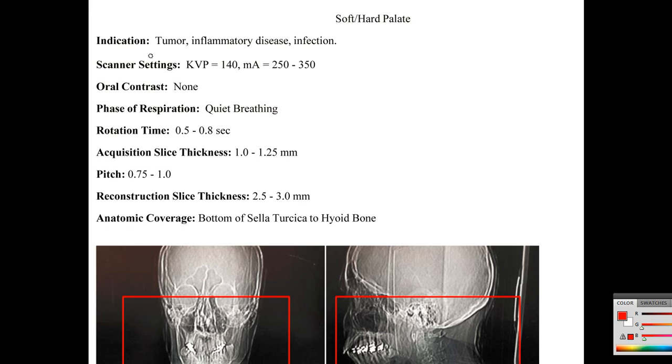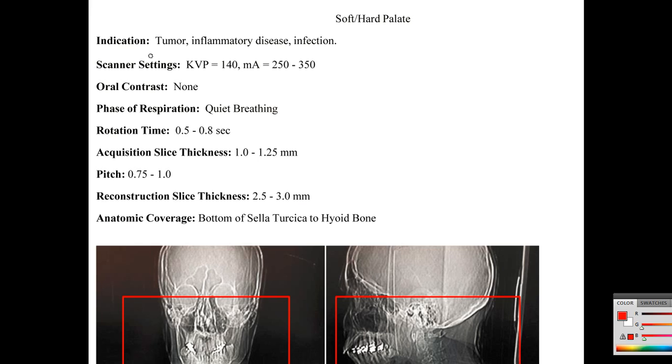Rotation time is the same as we saw before. Acquisition slice thickness is slightly different, with the minimum slice thickness being 1.0 to 1.25, so we're utilizing very small slices. Pitch is 0.75 to 1.